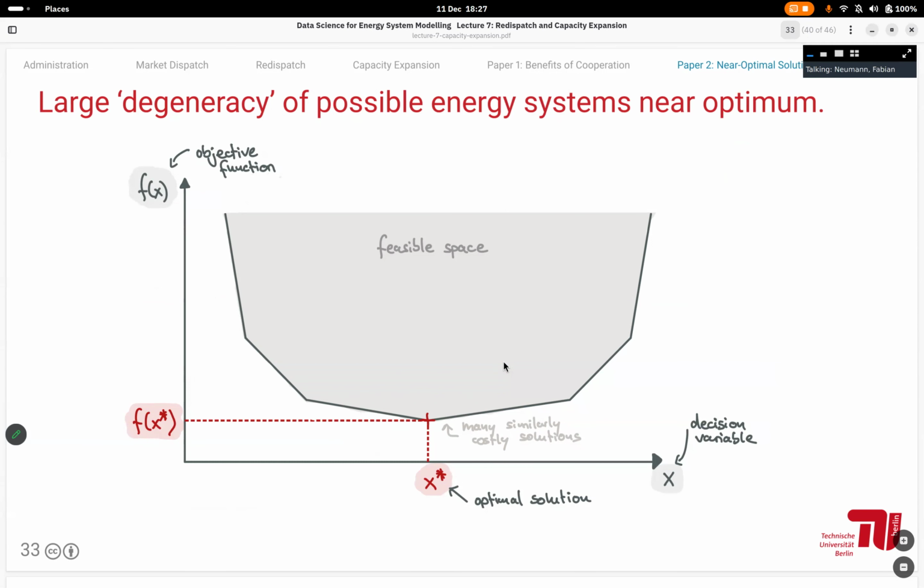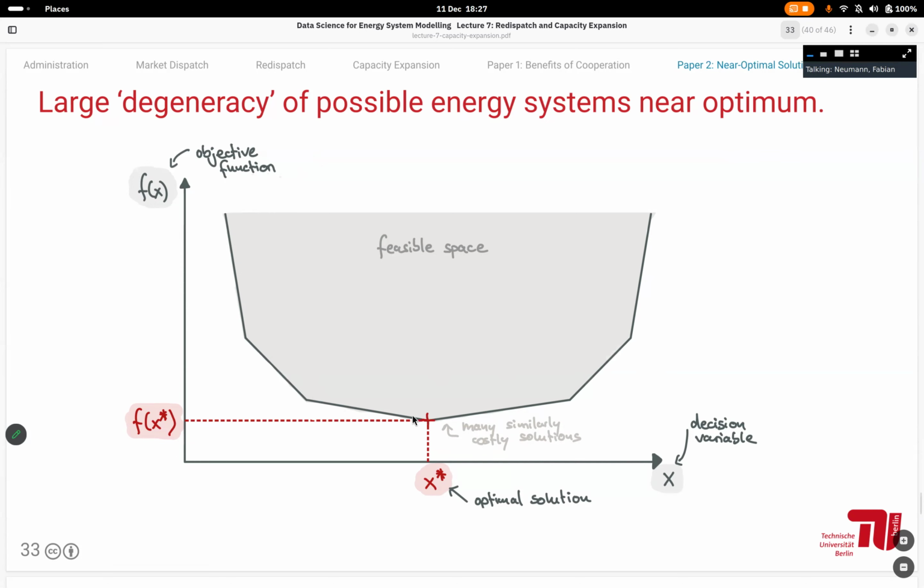I brought this illustration, which breaks it down into 2 dimensions. The x would be your projection of all the decision variables in the model, including operational and dispatch decisions, and your objective function, f of x. And you would have something like this as a feasible space, with all the constraints that make it infeasible to use this option or this option.